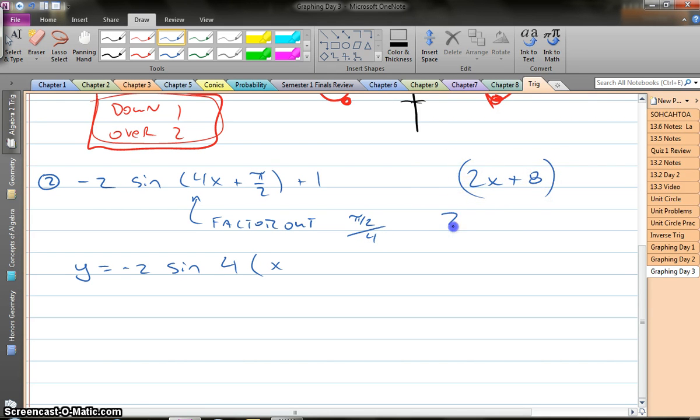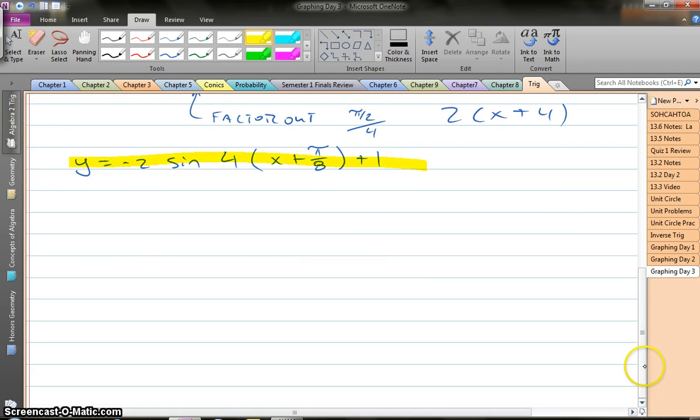You wanted to take a GCF of 2, you go 8 divided by 2 gave you 4. So here I'm going pi divided by 2 divided by 4 gives me pi over 8, plus 1. So this is the equation we're going to be working with. Again, just exposing that to you, a little challenge.